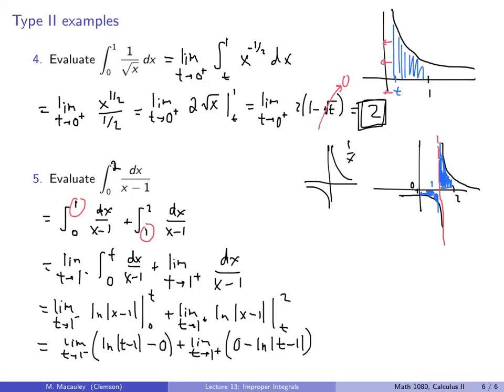So in this case, it doesn't matter if we're approaching from the left or the right. In both cases, we're getting the natural log of 0. So both of these things are going to go to negative infinity. So this thing is negative infinity plus negative infinity, which is not defined.